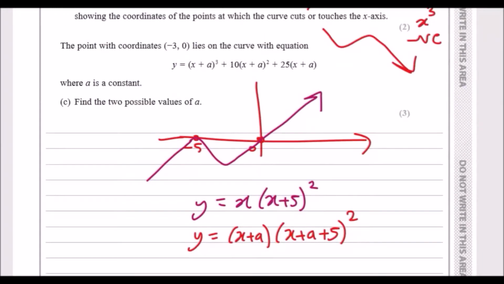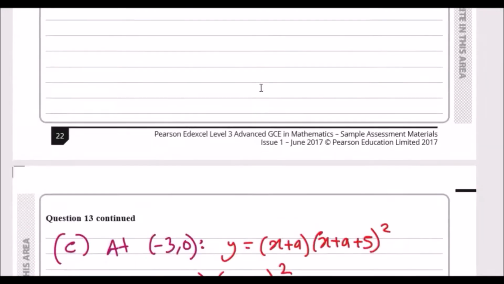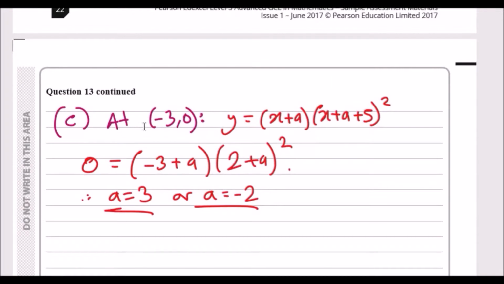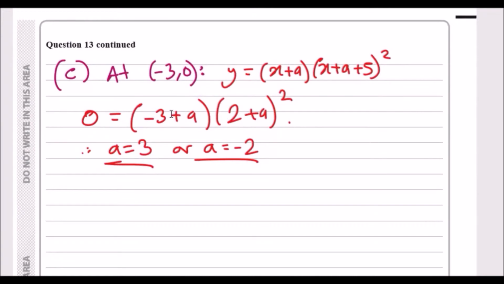Now we know that this point lies on this curve, so we plug this coordinate into this equation and find the two possible values of a. I've already solved this as well. Scrolling down, at -3, 0 with the equation we just obtained, plugging in x is -3 and y is 0, this becomes -3 plus a, and this one becomes -3 plus a plus 5.